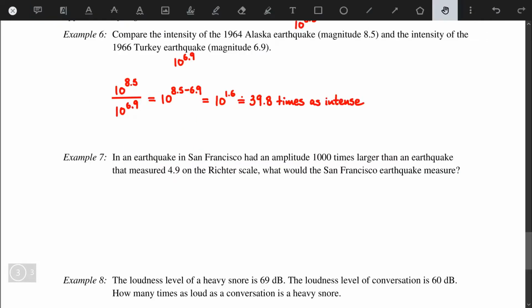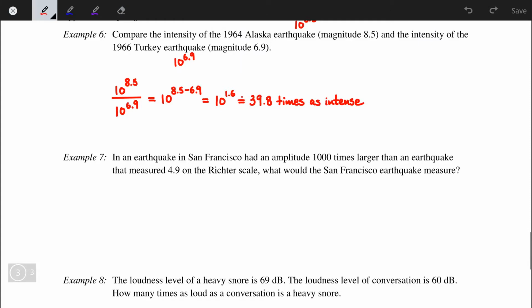Example 7. So very similar. An earthquake in San Francisco had an amplitude that's 1,000 times larger than an earthquake measuring 4.9 on the Richter scale. What would the San Francisco earthquake measure? So in this case, let x be the value on the Richter scale.